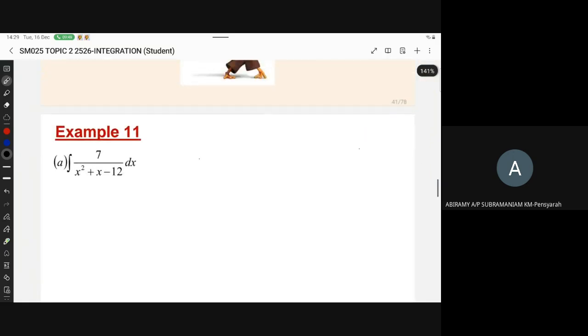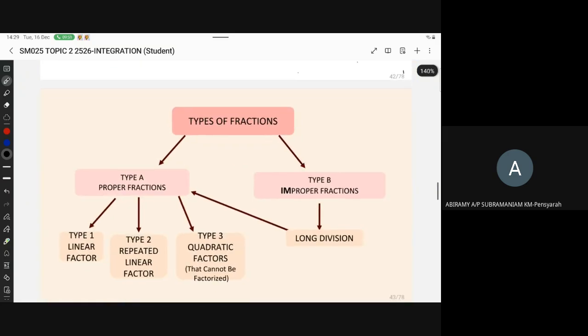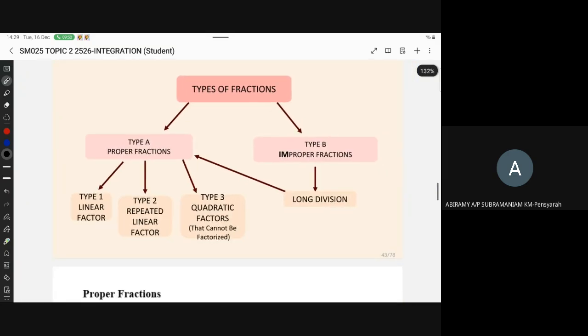Before we go to example 11, please make sure to look back into your lecture notes for semester 1 on types of fractions for partial fractions, where we have proper and improper fractions. Make sure to revise how to detect proper and improper fractions and the three types of factors that we have, which are linear factor, repeated linear factor, and quadratic that cannot be factorized.